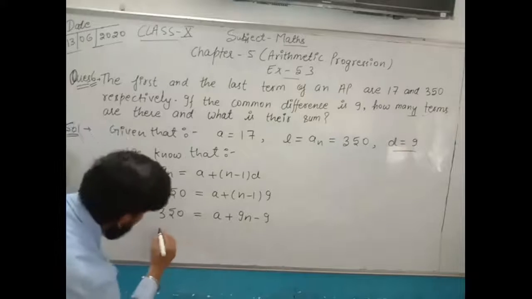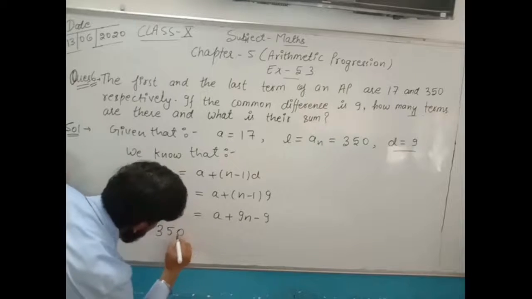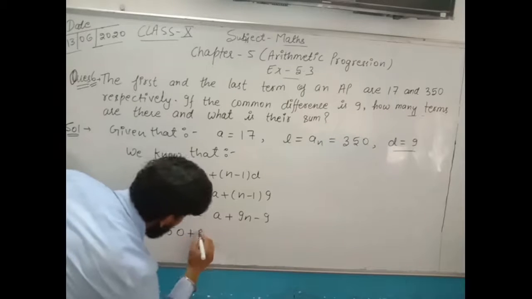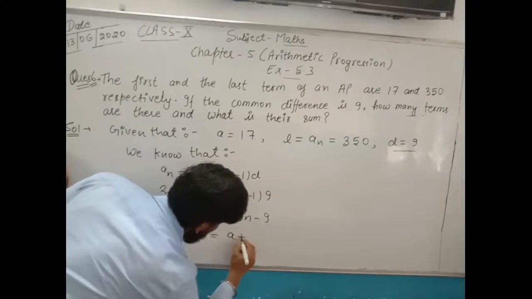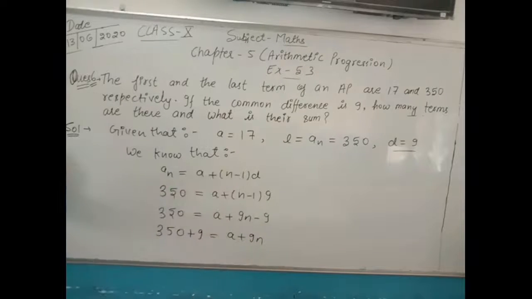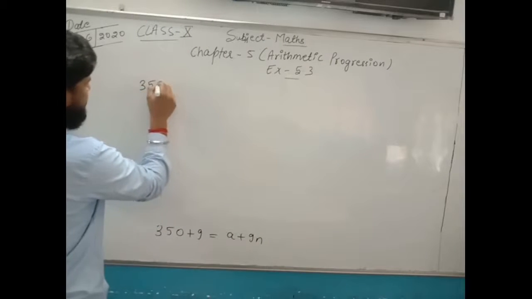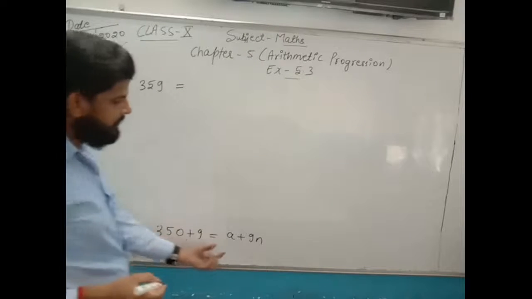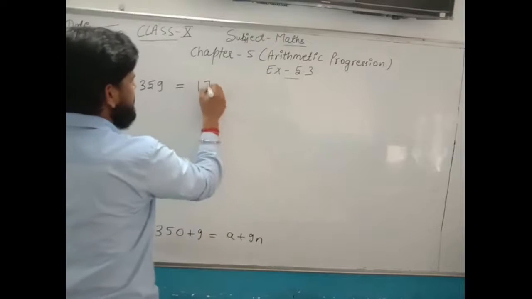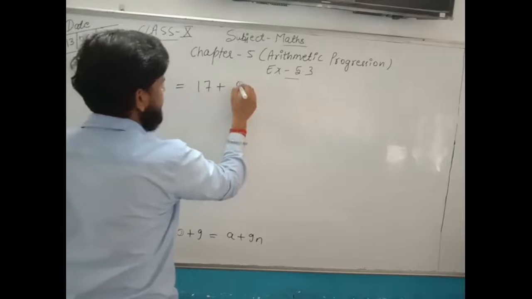ओके, सो वी कैन राइट 350 प्लस 9 इज इक्वल टू a प्लस 9n. So this is equal to 359 equals to first term a, that is equal to 17, plus 9n.